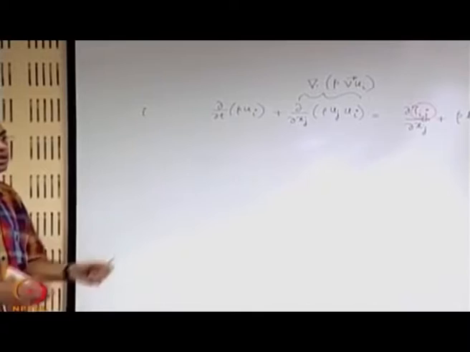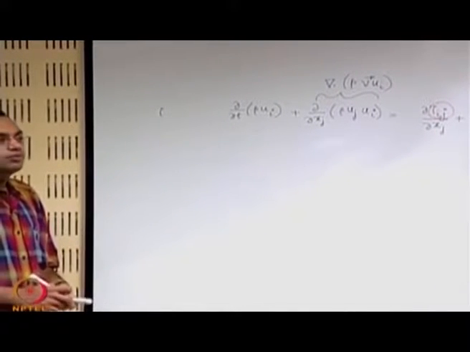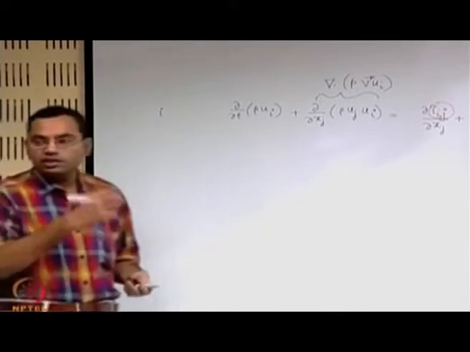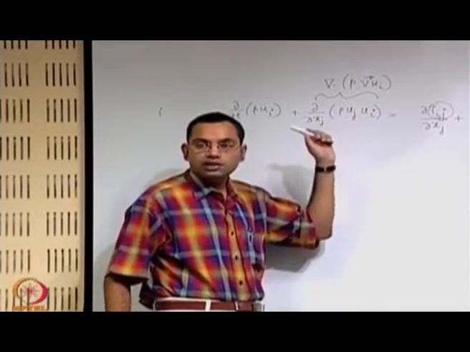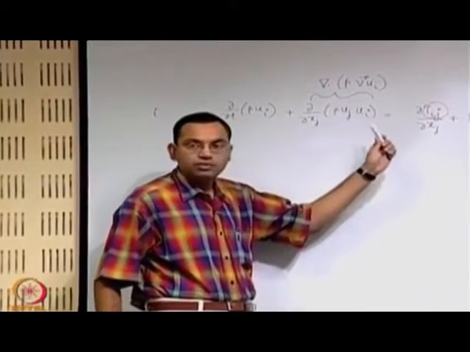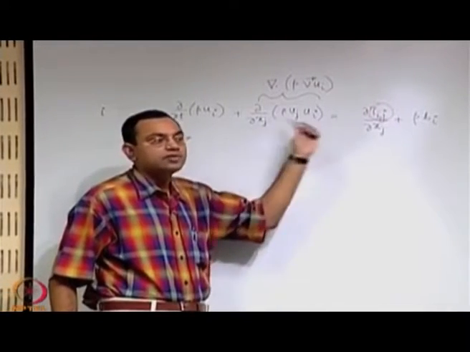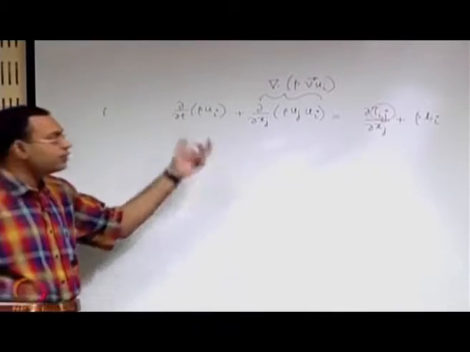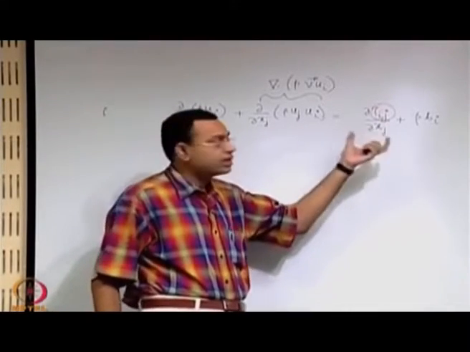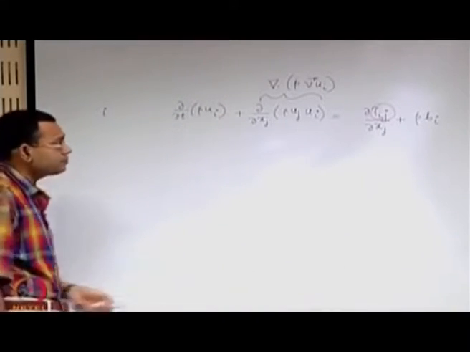If it is not a stationary reference frame, and in a very general case of a moving reference frame with rotation and acceleration, then you would have correction terms. Those correction terms may easily be derived by starting from the Reynolds transport theorem with the non-accelerating reference frame as the basis. If you convert that to a differential form, you will get some extra terms, and those extra terms are because of the transformation of the reference frame.